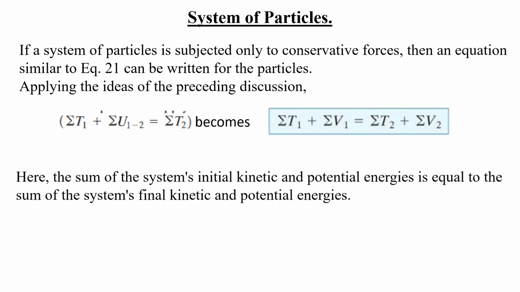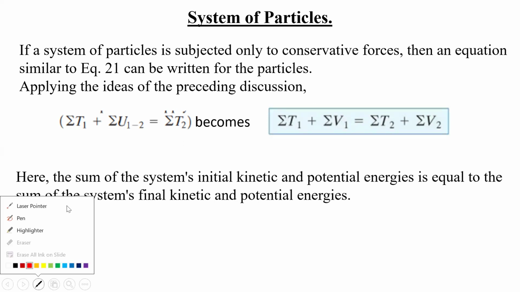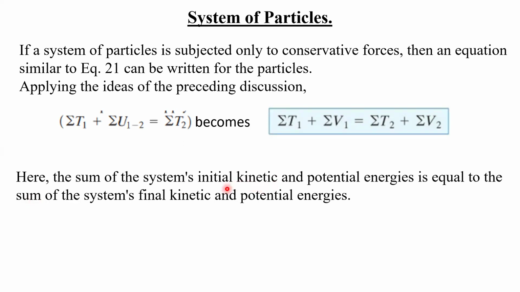Here, the sum of the system's initial kinetic and potential energies is equal to the sum of the system's final kinetic and potential energies. In other words, summation T plus summation V is equal to a constant.